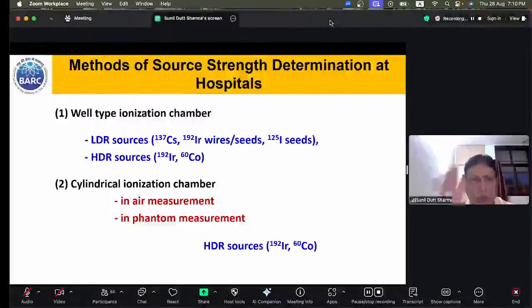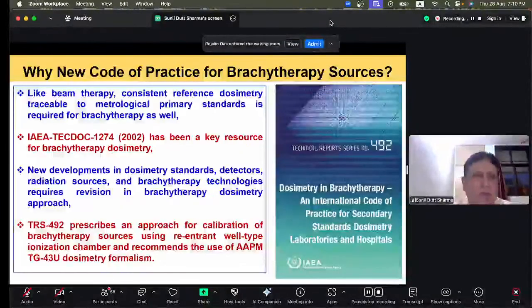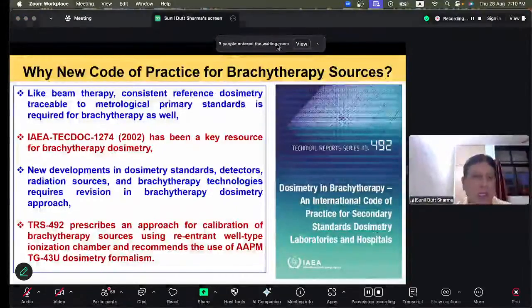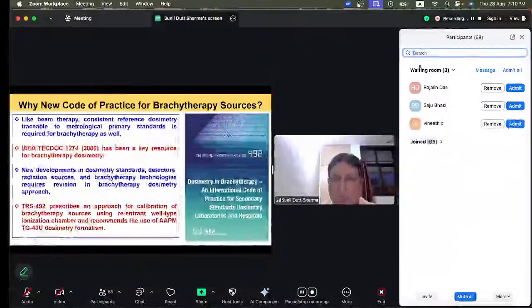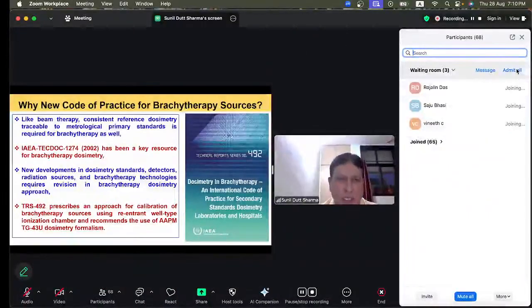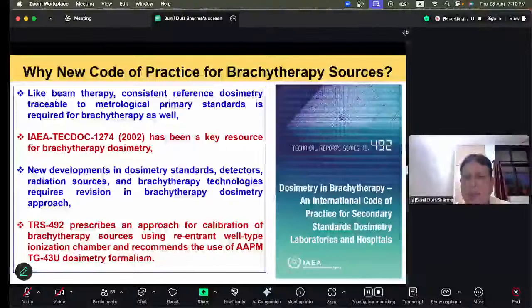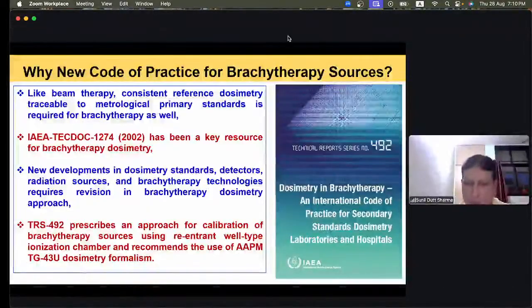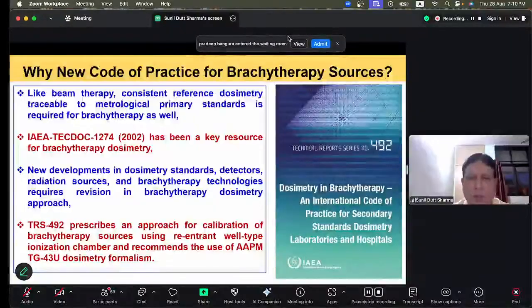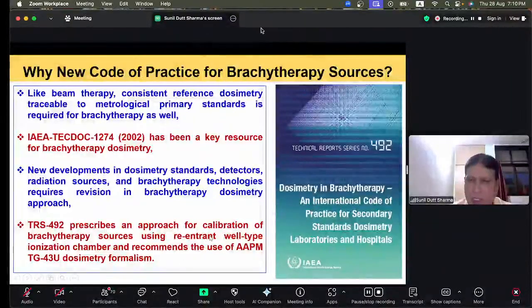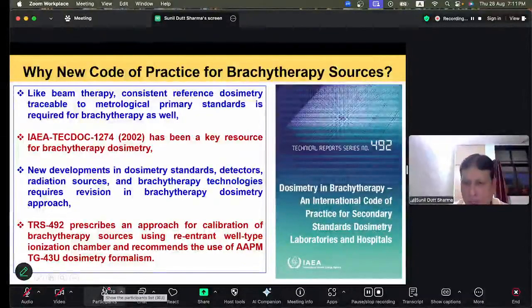To eliminate this limitation and to have some relevance or convergence with the existing code of practice for teletherapy, IAEA formed a task group, and they also included some stakeholders from AAPM, ESTRO, and ISTRO. The task group took considerable time to bring a recommendation in the form of Technical Reports Series number 492.